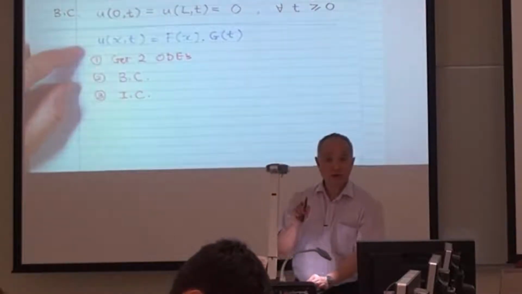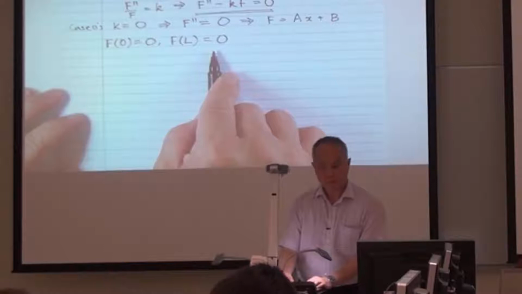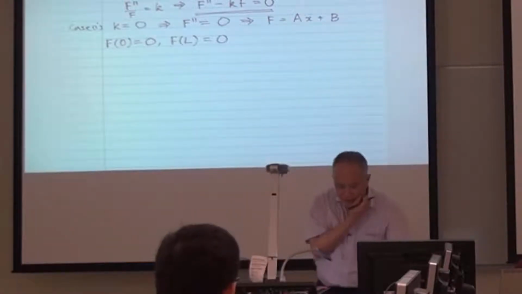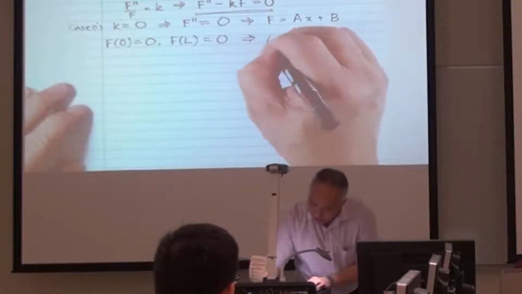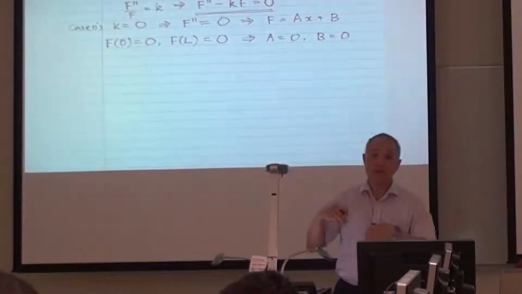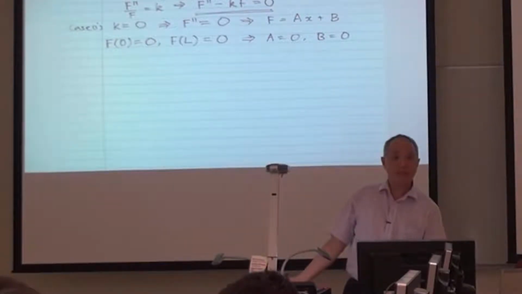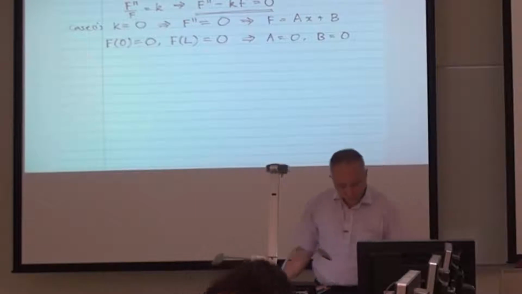So in order not to get a trivial solution, I must set these 2 equal to 0. When you do that and substitute inside here, you get A equals 0 and B equals 0, and you get a trivial solution anyway. So this case is not good. It will give us a trivial solution.